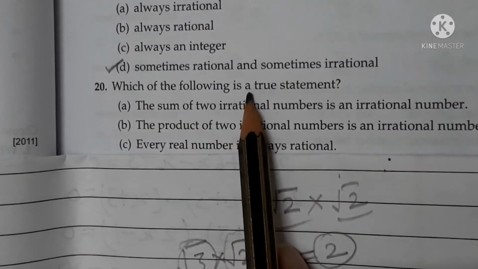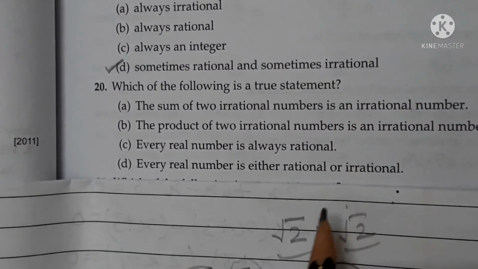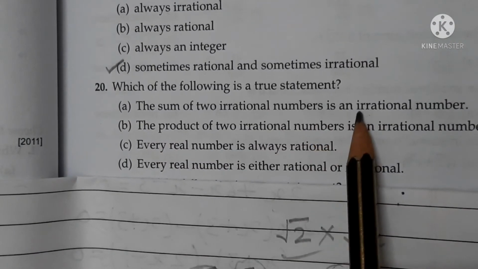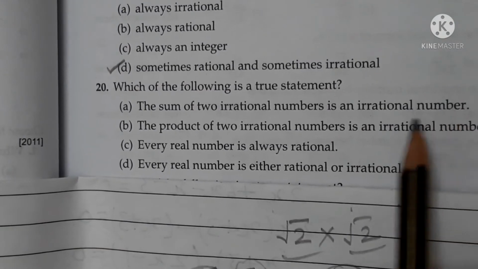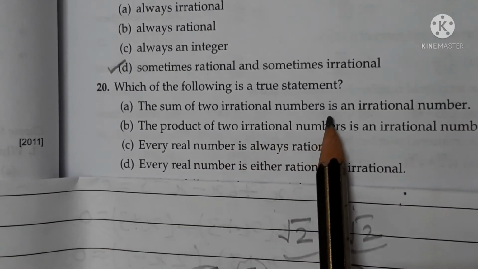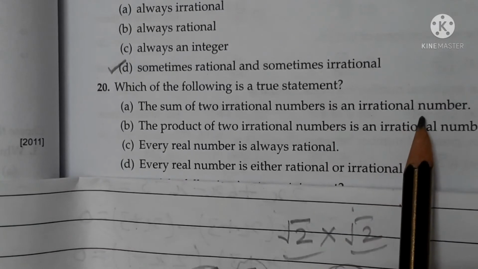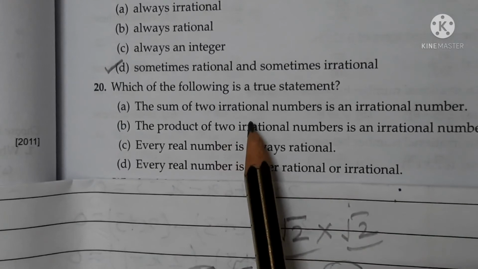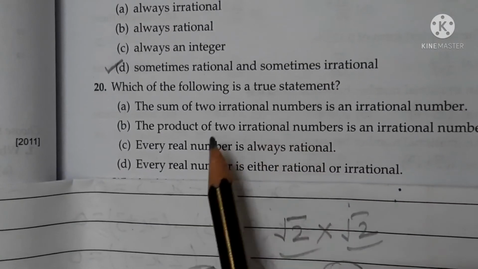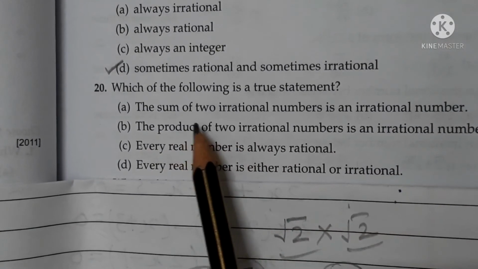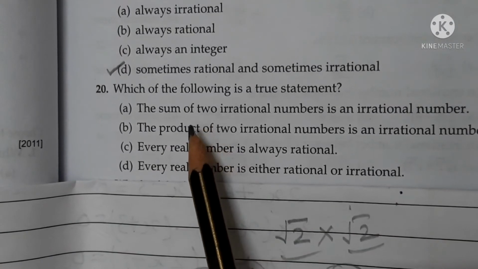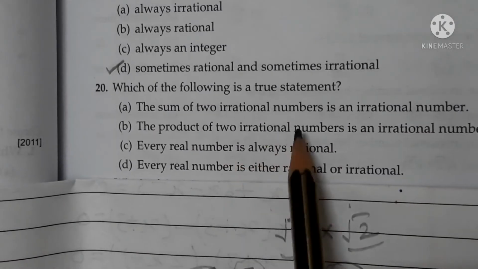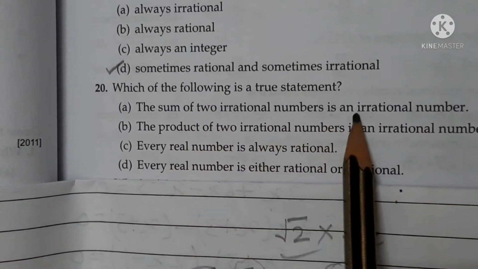Which of the following is a true statement? The sum of two irrational numbers is an irrational number. As we know the property of irrational numbers, that sum, difference, product and quotient of two irrational numbers may be rational or irrational. So the sum of two irrational numbers is an irrational number, wrong.